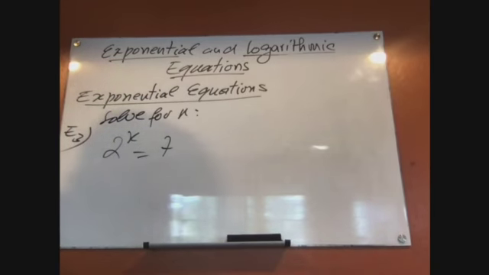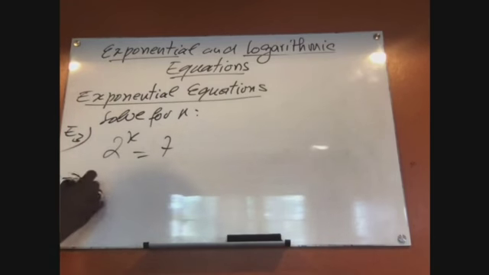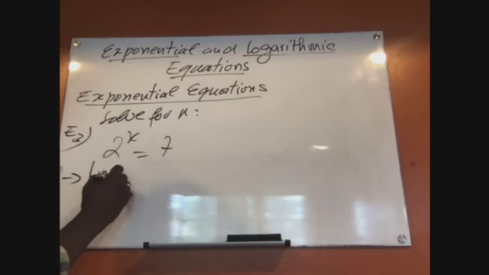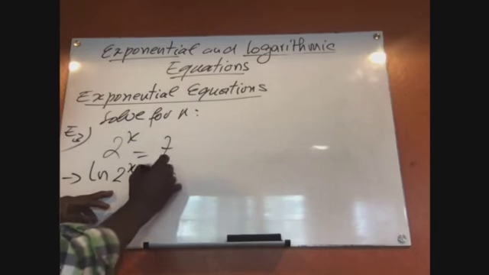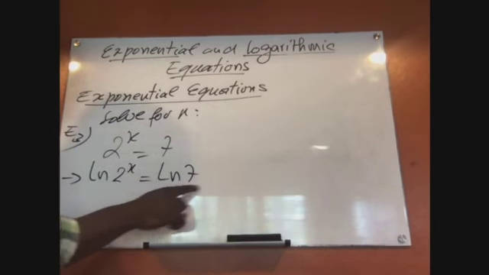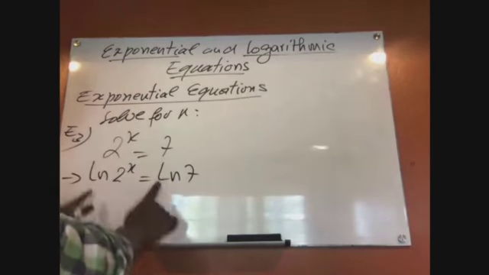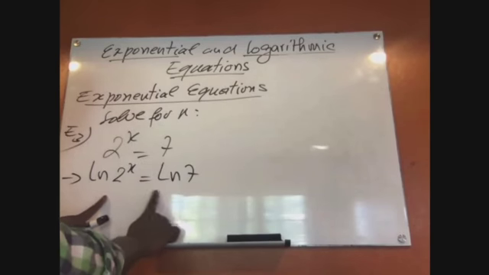I will bring in what I call my logs. I will bring logarithm in. I will say ln of 2^x equals ln of 7. This is a number. ln 7 I know. You see? I bring an operator. When both sides have the same like that, I bring that. You follow?